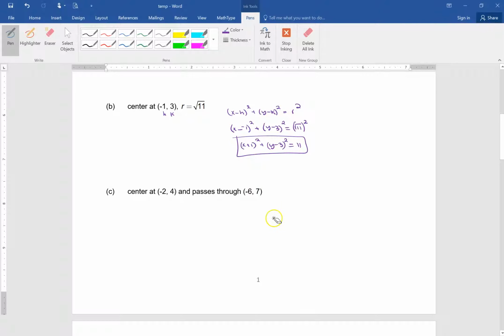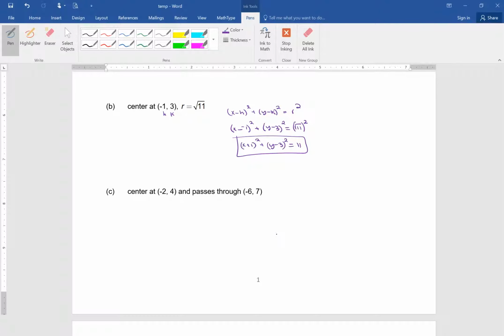All right, so what about this one? Okay, now we're moving things up a notch. No, you don't FOIL. All right, so this one says the center is at negative 2 and 4. So what variables are negative 2 and 4?